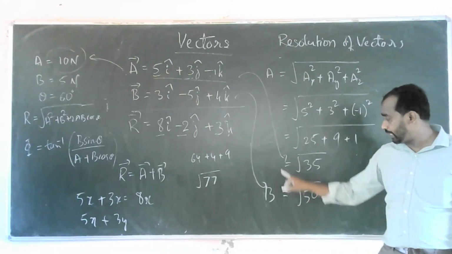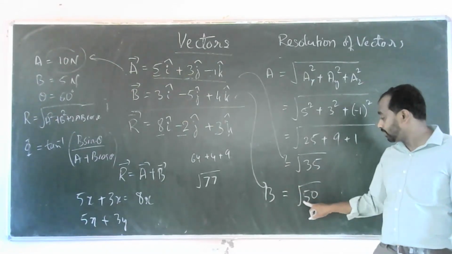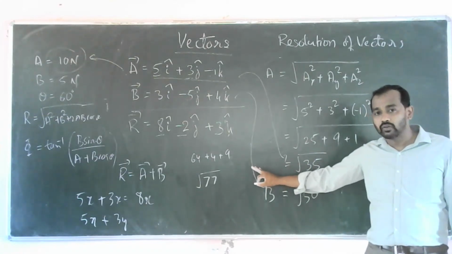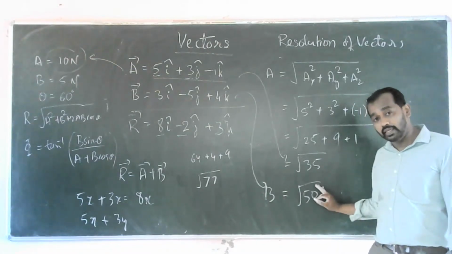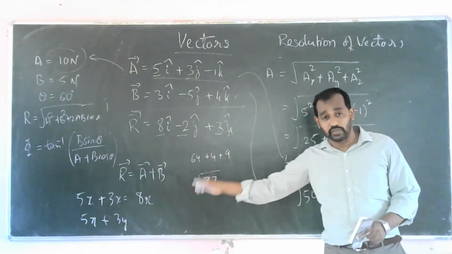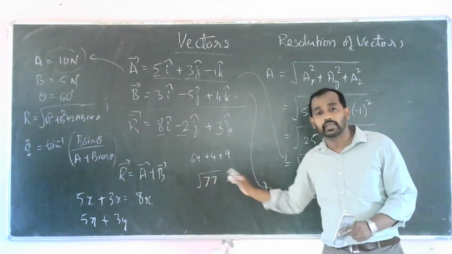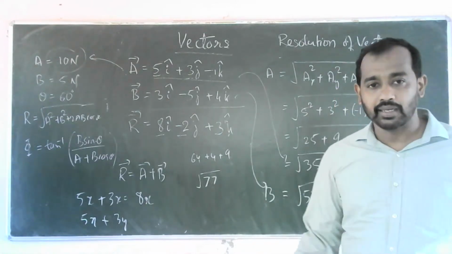Vector A plus vector B. Vector A has a magnitude of square root of 35. B has a magnitude of square root of 50. But when we add these two, the resultant has a magnitude of square root of 77. Direction matters.